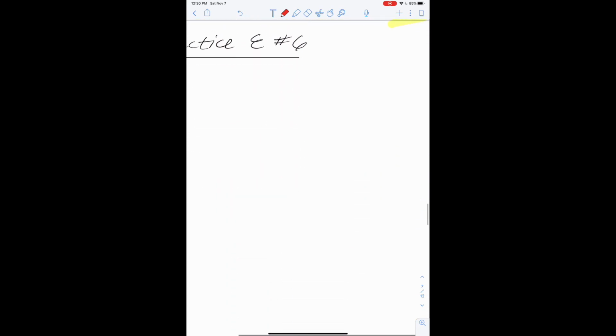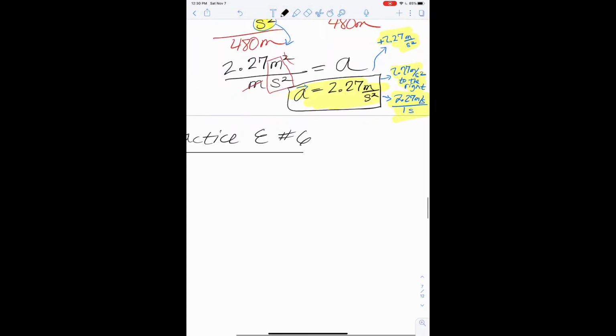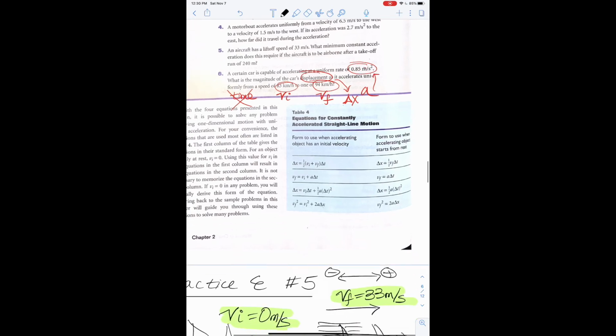You don't even have to know it, and we can just solve this problem. So let's come down here. I already forgot a lot of those numbers, and I didn't draw it. Maybe I should do that. And it's starting at initial speed.